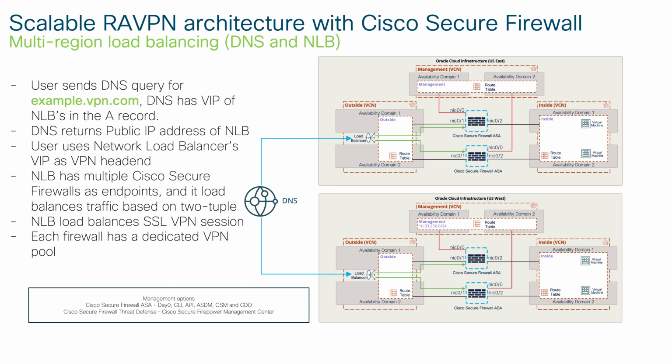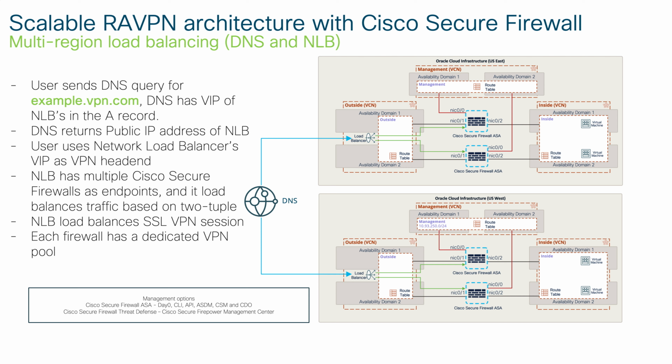So a user on the internet will try to access example.vpn.com, and that request will be resolved by the DNS server. In return, the DNS server will reply with the IP address of the NLB. It can give me the IP address of the NLB in US East or US West.